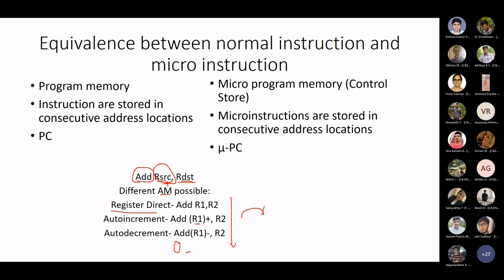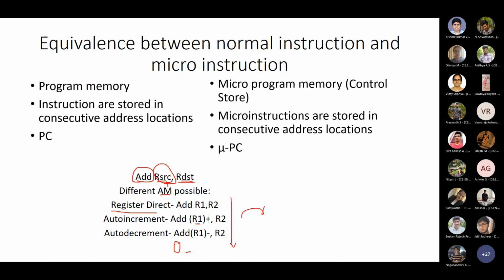That address location will again contain the address location. So you have to go to that address location, get the value, and that is to be added with R2, and the content of R1 will be incremented. Is it clear? 2 times bouncing, 2 times accessing the memory, that makes the auto increment indirect.